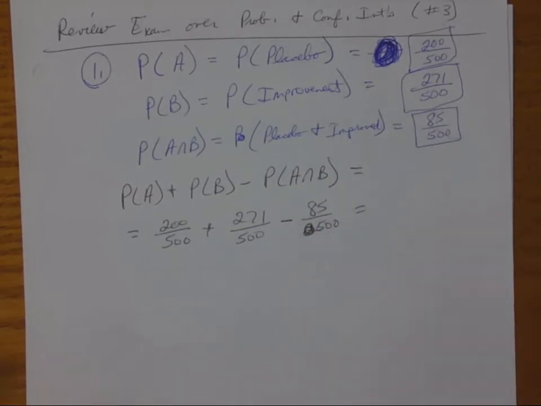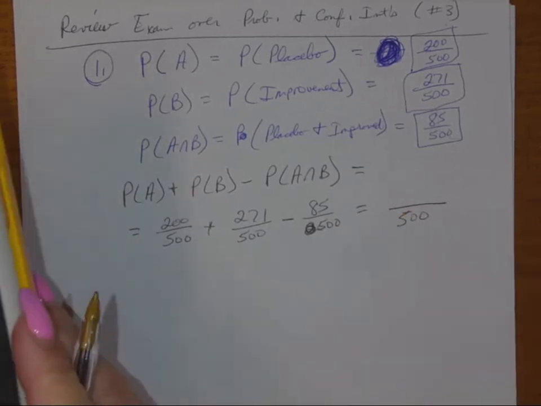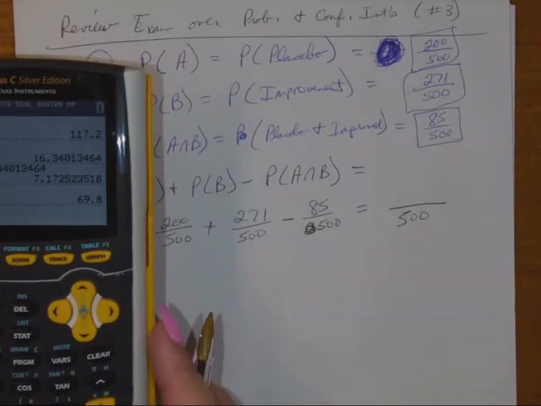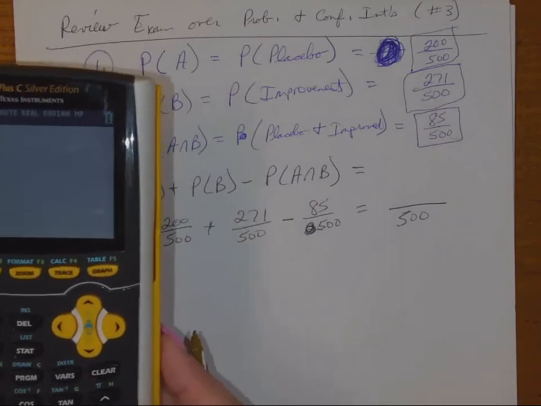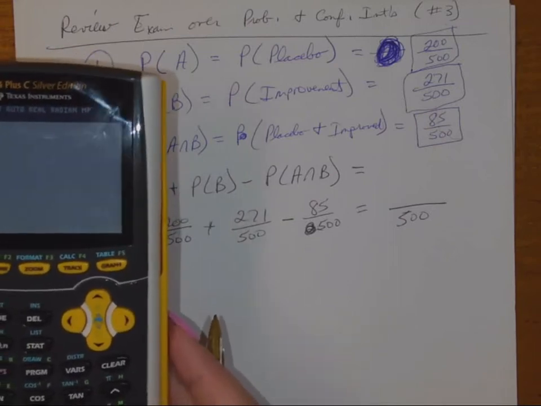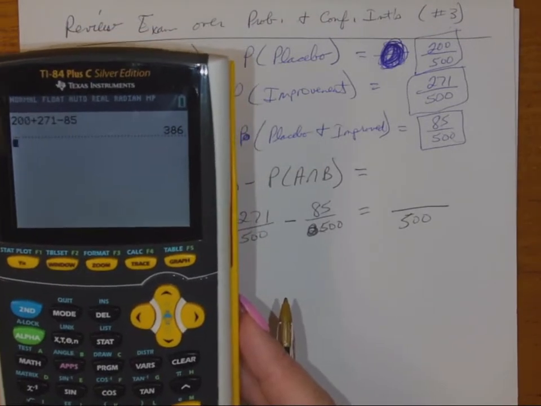So they only get one vote, not two. Minus the 85 over the 500. And remember, when the denominators are all the same, we can just ignore the denominator, and just add 200 plus 271 minus 85. Add the numerators. So that is 386.